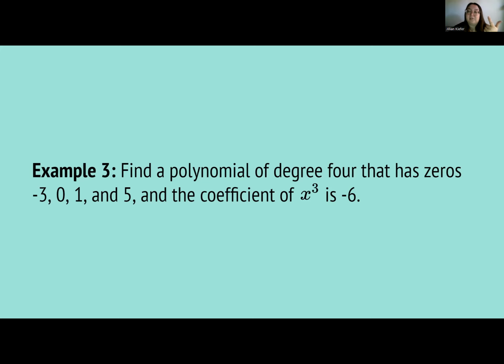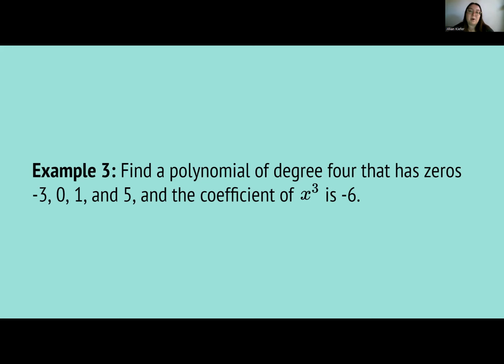It has to be of degree 4, which means the highest exponent on x has to be 4. It has the zeros -3, 0, 1, and 5, and the coefficient of x to the power of 3 has to be -6. So we've got 4 requirements.